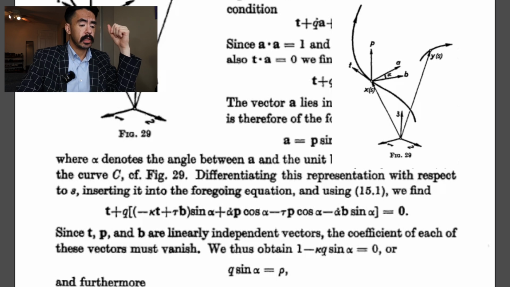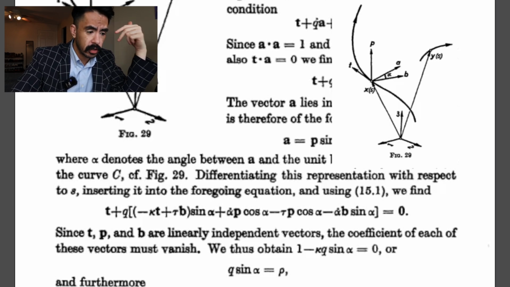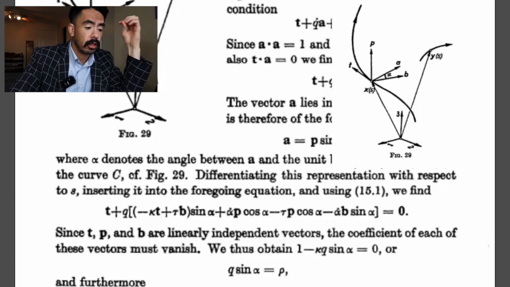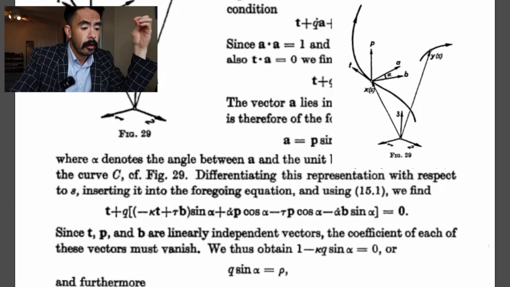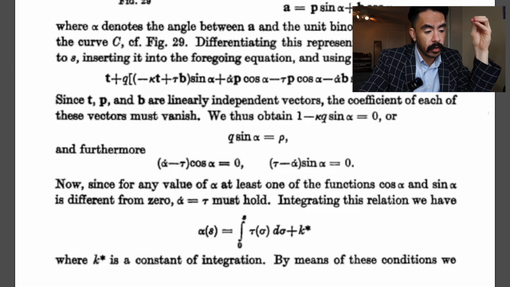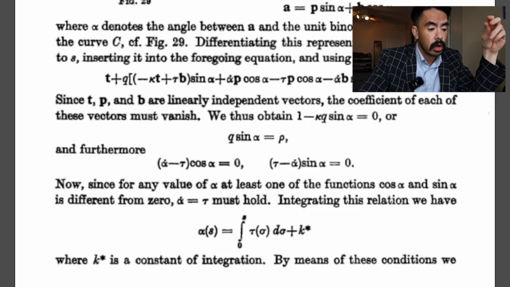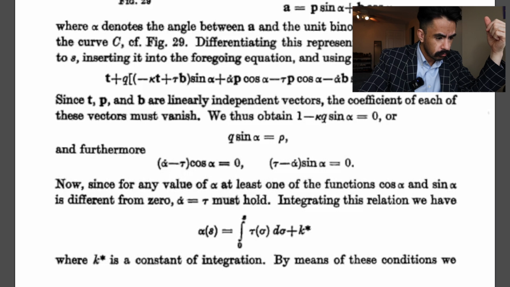Now, since the tangent, the unit principal normal, and the binormal, vectors t, p, and b, are linearly independent vectors, the coefficient of each of these vectors must vanish. We thus obtain 1 minus kappa times q times sine of alpha equals 0, or q times sine of alpha equals rho, the reciprocal of curvature.